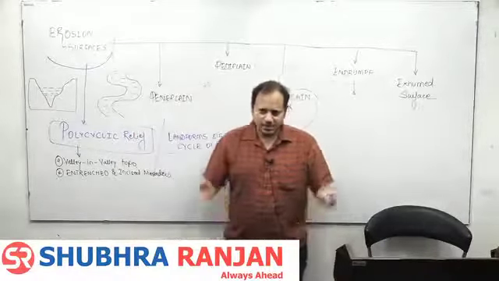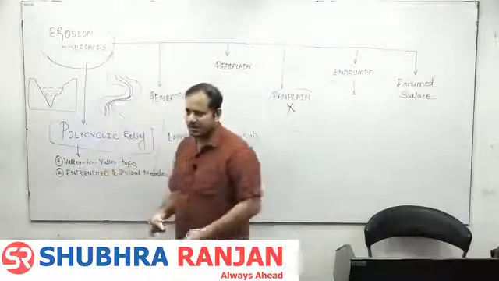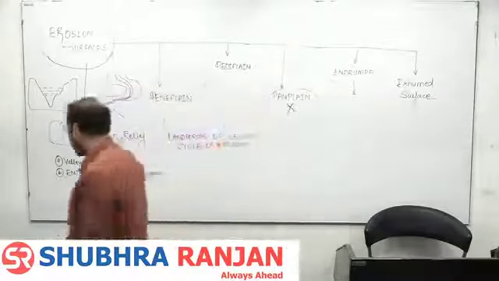The river's water will go down, its volume will decrease because depth has increased. And it will start cutting again inside the meanders. So depending upon how the river is flowing, a meander can form inside a meander. When a meander is formed inside a meander, it is known as entrenched or incised meanders.